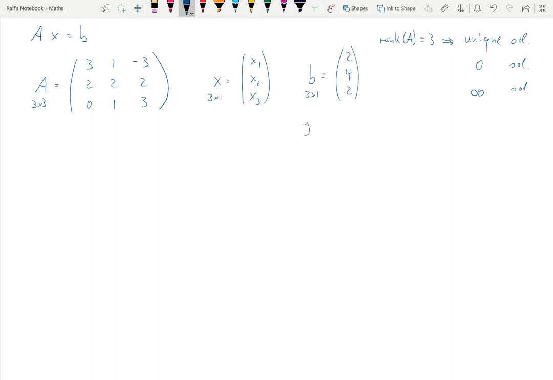So we're asking, is the rank of A equal to 3?